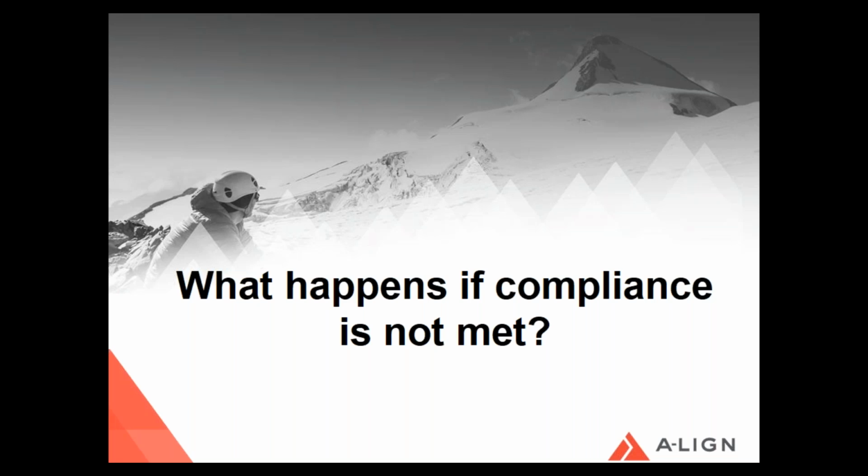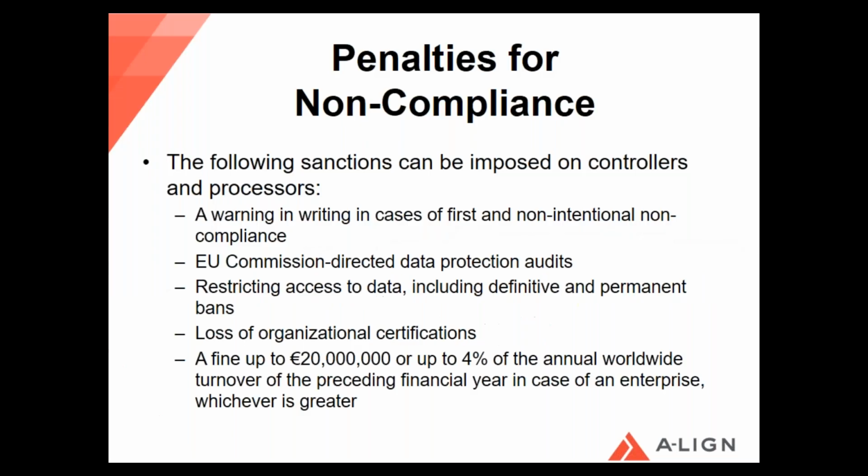So going into one of the main points, what happens if you're not compliant, or what happens if you're not meeting those requirements set forth by the regulation? The slide outlines the sanctions that can be imposed on controllers and processors. So one, a warning in writing in cases of first and non-intentional noncompliance.